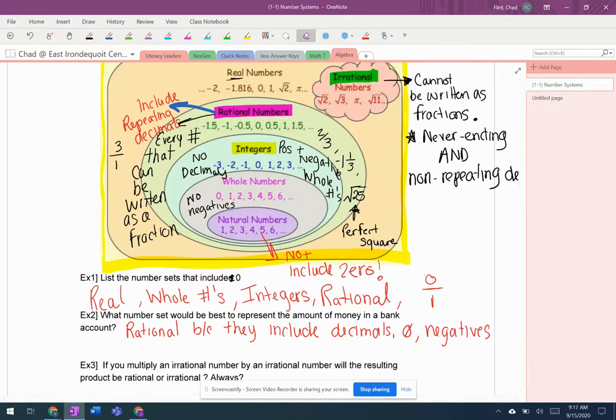Let's just call it there. They include decimals, zeros, and negatives.